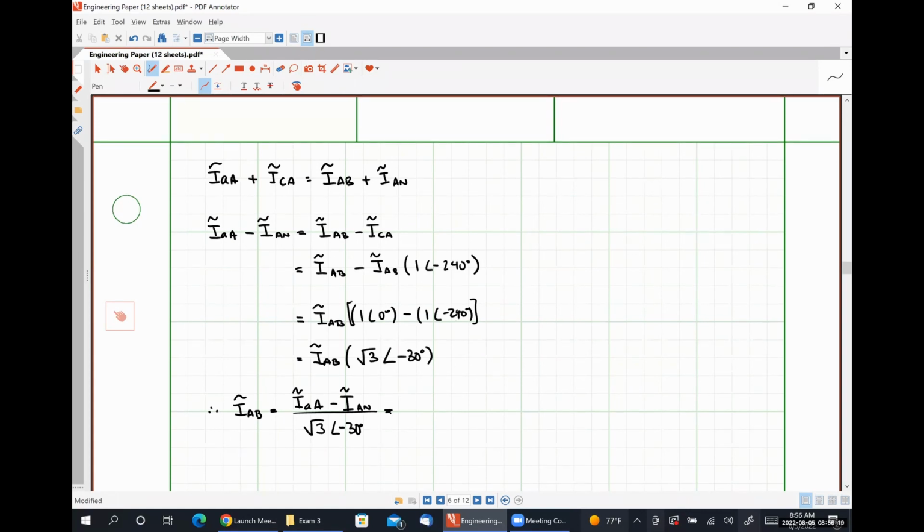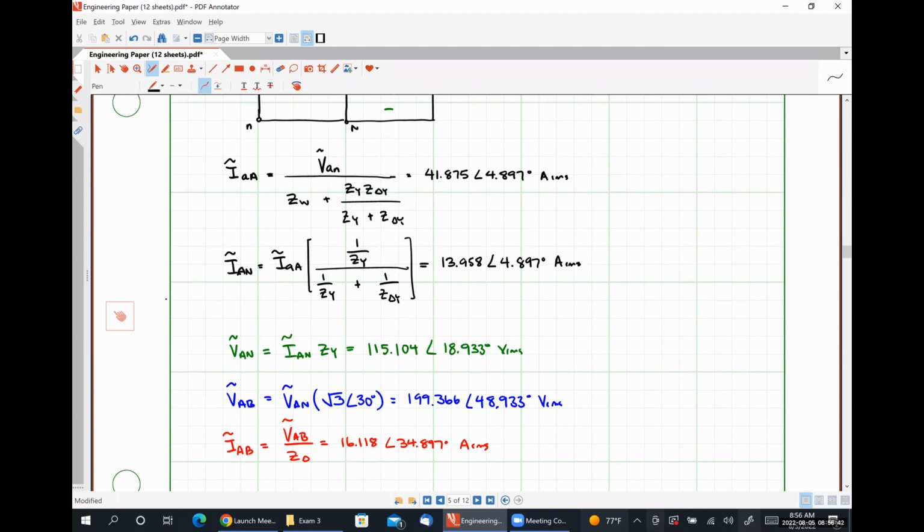And if we substitute in our numbers, we get 16.118 angle 34.897 degrees amps RMS. Literally the exact same number that we got using a KVL relationship a moment ago, right?